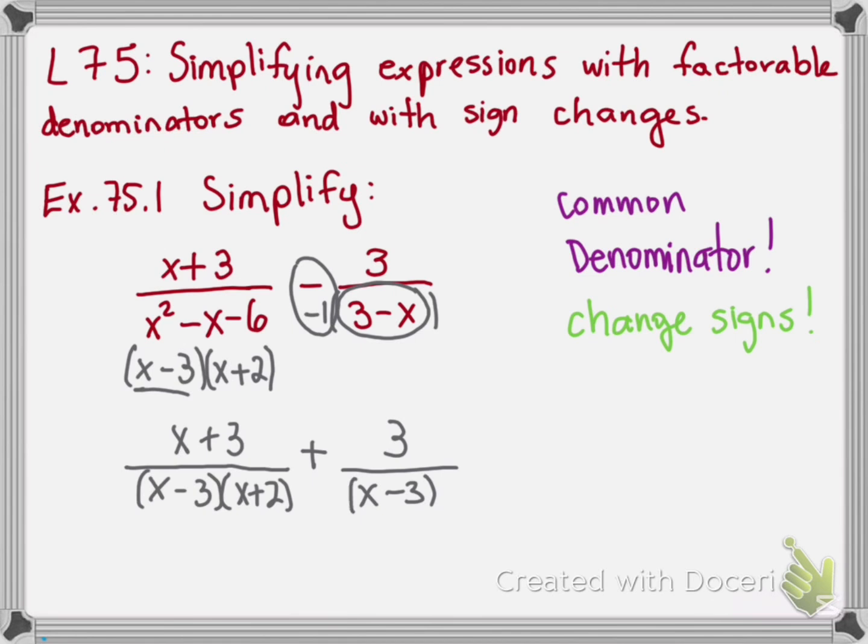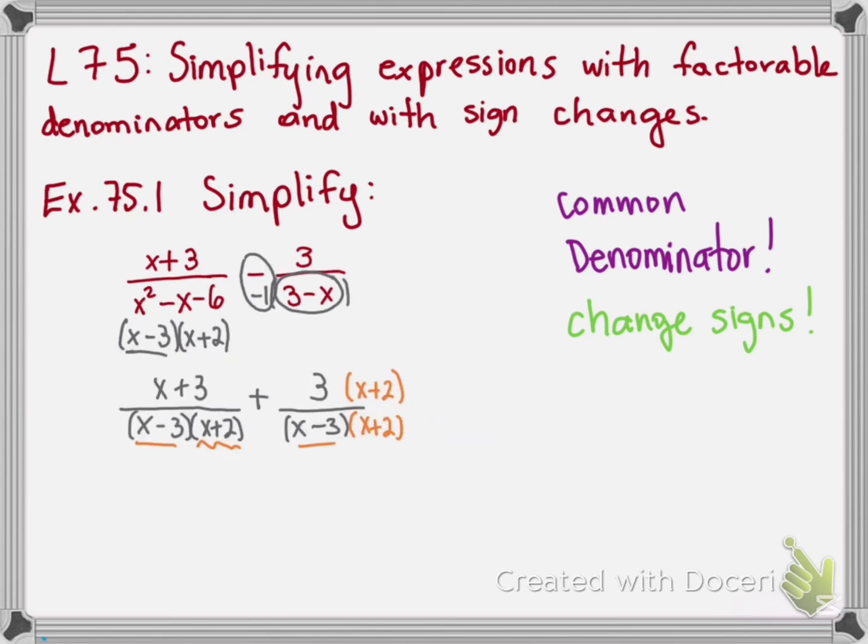Now we need to do common denominator, and what this is missing is the x plus 2. Notice we have this one already here, but we were missing this one. So we have to multiply both the numerator and the denominator. Now we have to do distributive property so that the 3 multiplies both the x and the 2.